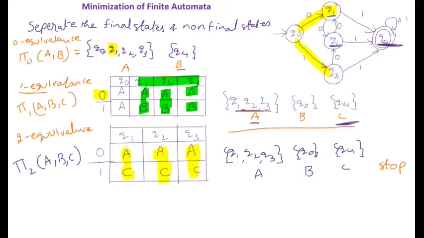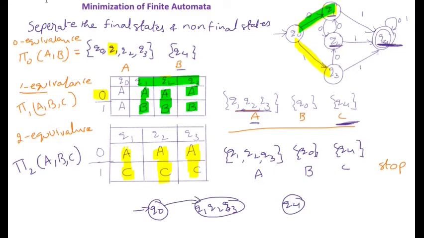With this information, we are going to design the minimized DFA with Q0 as a state, Q1, Q2, Q3 combined as a single state, and Q4 as a separate state. In the given DFA, Q0 on 0 is moving to the state Q1, and since Q1 is here, we join it.